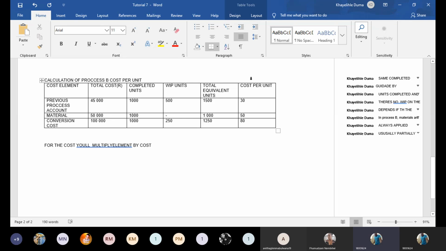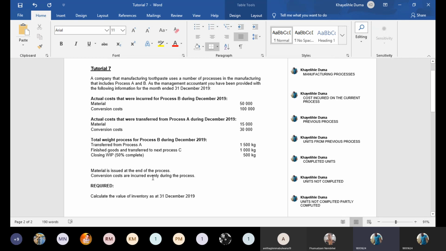And then on process B, we also added the conversion cost of 100,000. So conversion cost, what does the information say? Conversion costs are incurred evenly during the process. That's normal, and it doesn't change. If you are applying labor, you cannot apply labor at the beginning of the process and then just leave it.